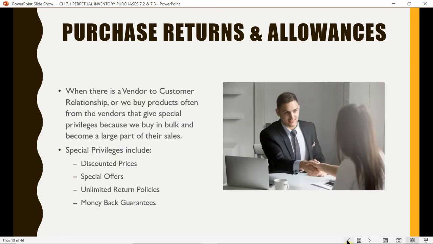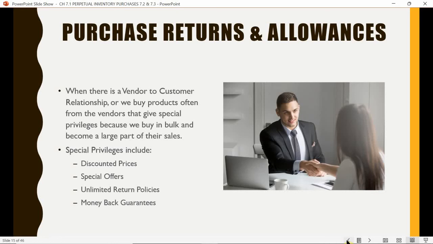Now, of course, when it comes to vendors, since you do buy in bulk from their company, they will try to keep you as part of the business, because we might be a large part of their sales if we're buying items in large quantities.